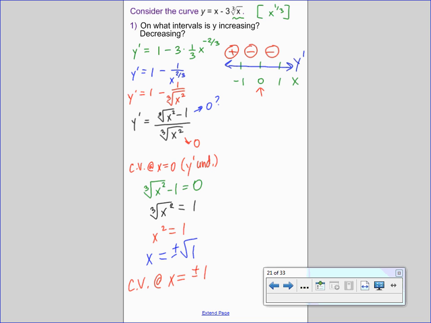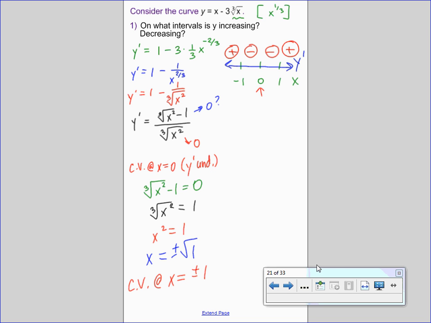All right, one interval to go. A convenient x value to the right of 1 is positive 8. Positive 8 in for x. Cube root is 2. Squared is 4. 1 minus 1 fourth is positive. Awesome. Finally, we can answer the question that was asked.